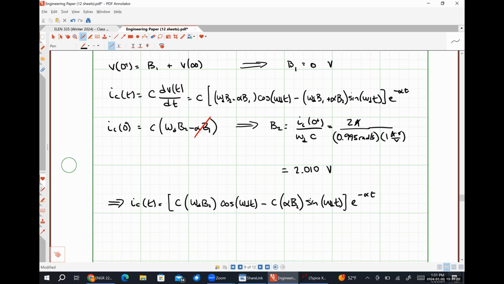So 1 times 0.995 times 2.010, 1.999995, effectively 2. And then alpha was 0.1.